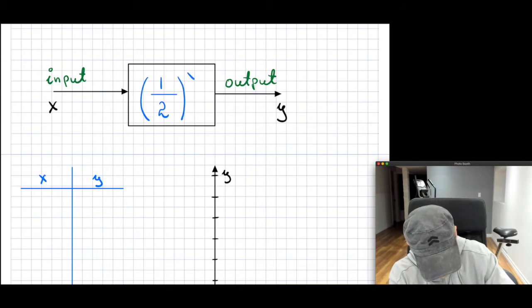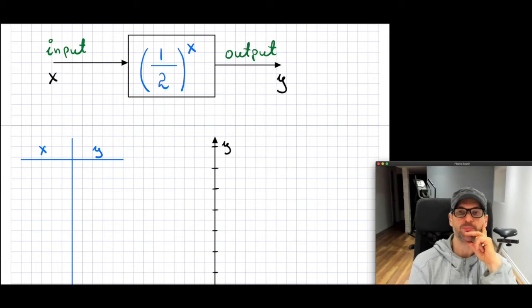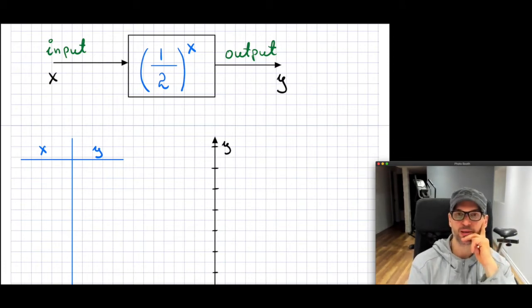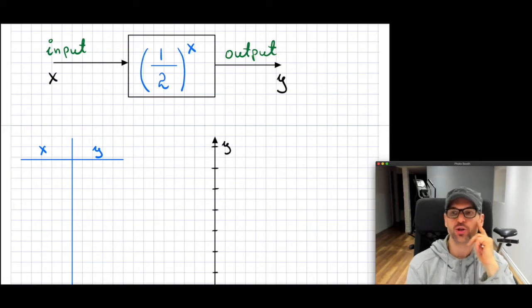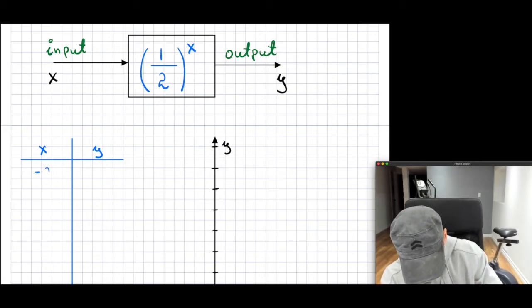And I'm going to put my input as an exponent for this base of 1 over 2. So what happens in this situation? Let's take a look and see. I'm going to try exactly the same thing. So I'm going to try it for -2. I'm going to try it for -1.